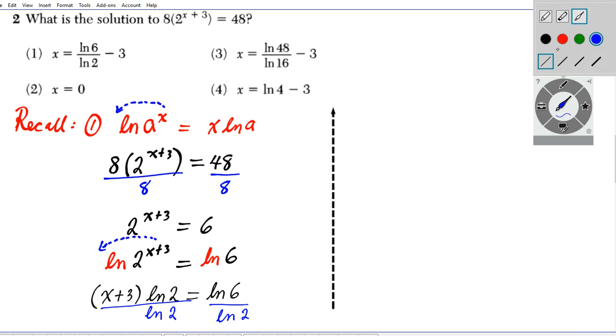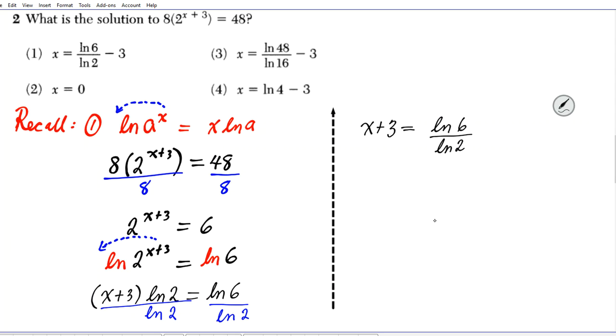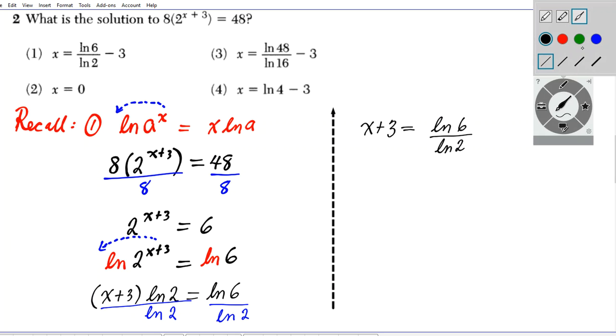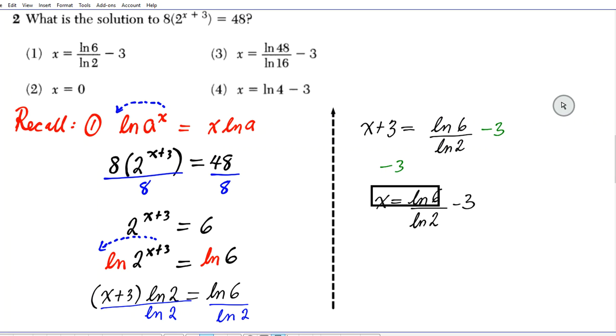That gives us x plus 3 equals the natural logarithm of 6 divided by the natural logarithm of 2. Final step, we simply subtract 3 from both sides to give us the final result. x is equal to the natural logarithm of 6 divided by the natural logarithm of 2, minus 3. And there goes our final answer.